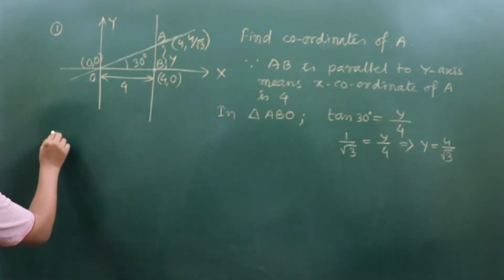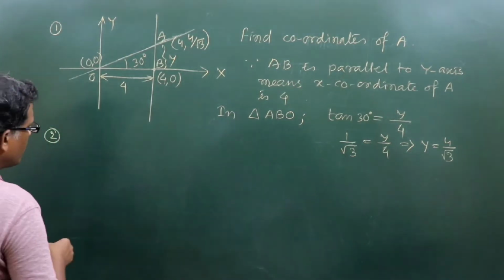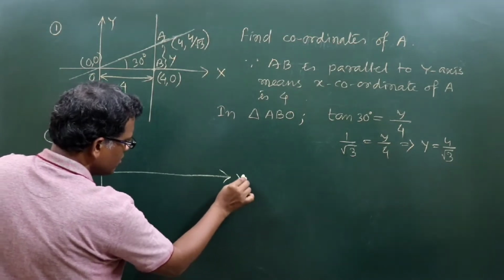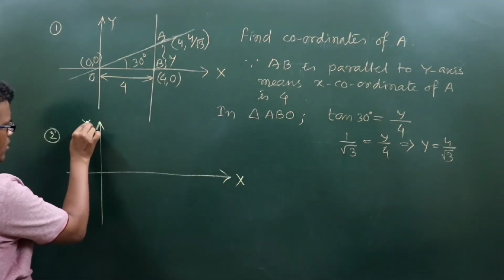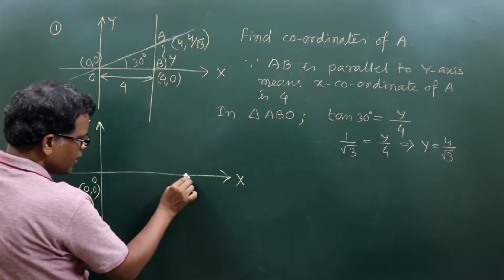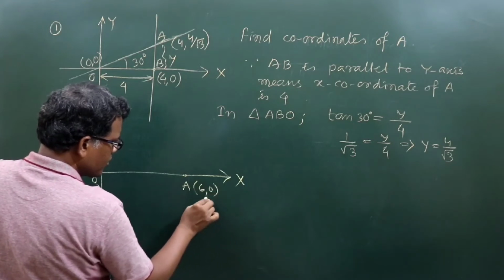Fine. Now going to the next question. This is the origin (0, 0). There is a point A, let it be (6, 0).